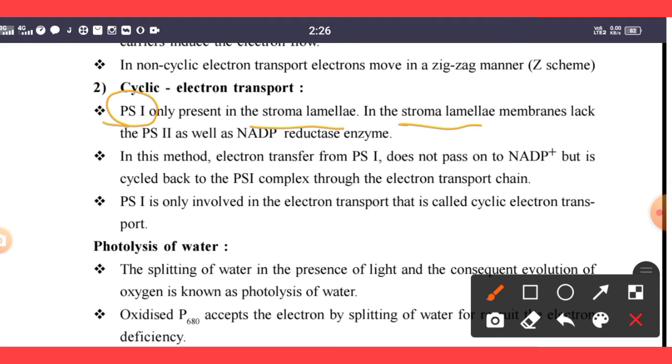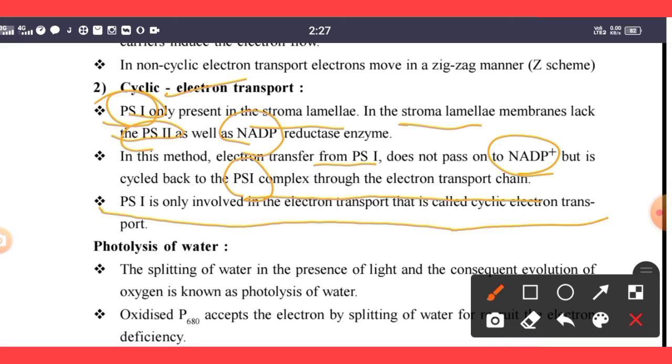In stroma lamellae there is no NADP and there is no PS2. Hence only PS1 participates in cyclic electron transport. In this method, electrons from PS1 do not pass onto the NADP, but are cycled back to the PS1 complex through the electron transport chain.